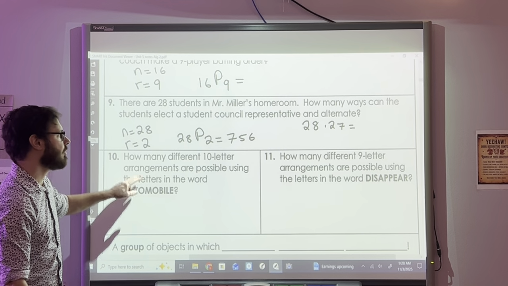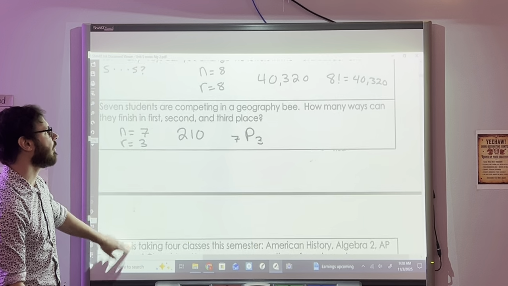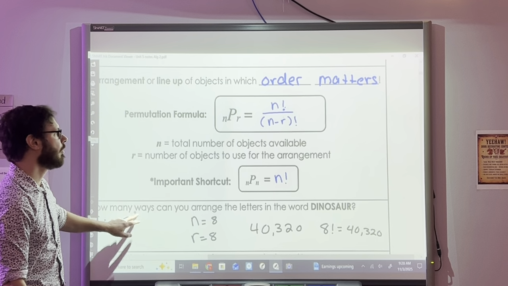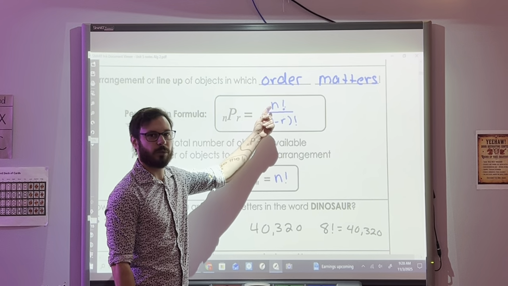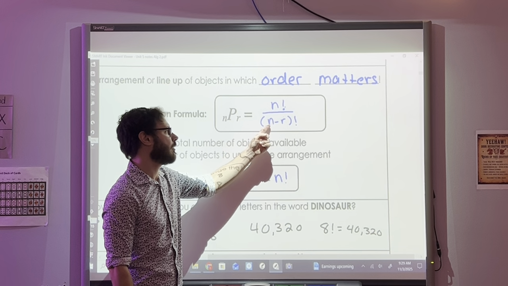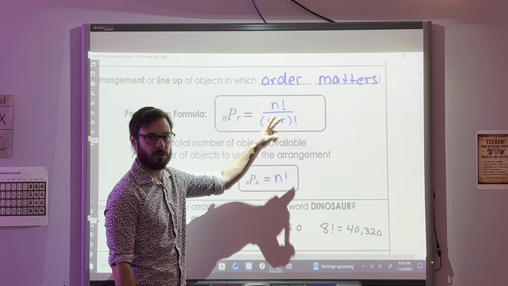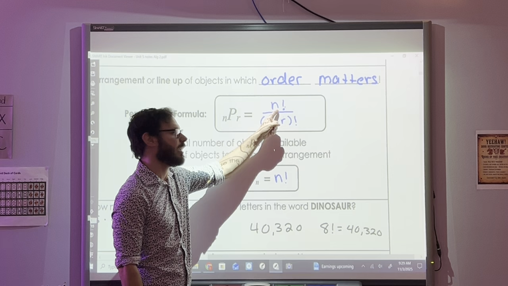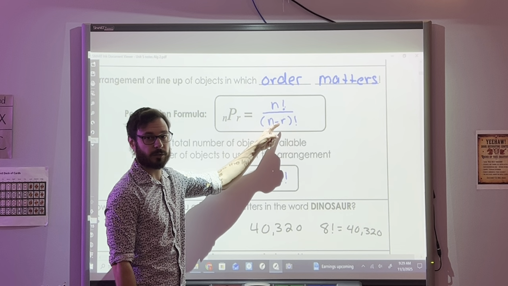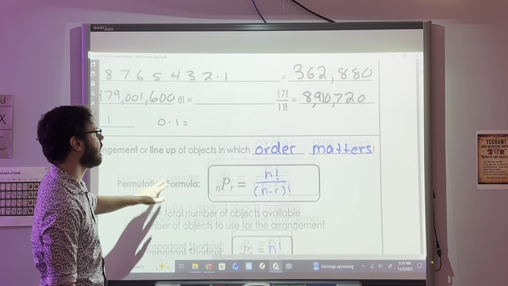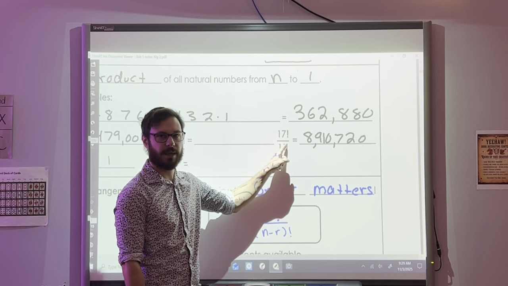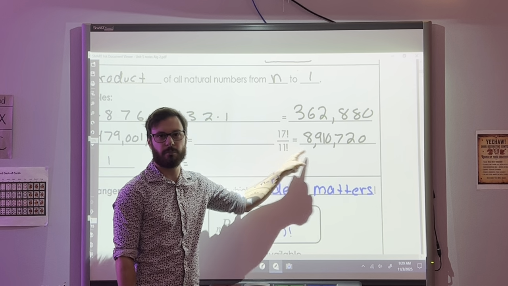Okay. The reason for that goes back to how the formula works. n was 28. n minus r, 28 minus 2, was 26. 28 factorial over 26 factorial. It was the same thing as this, where we canceled all of the common things on the bottom.